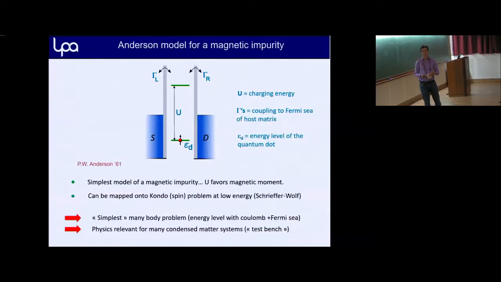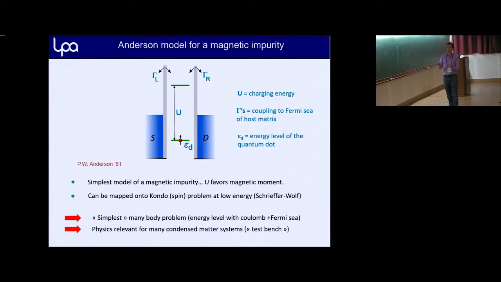The reason why any localized electronic level can essentially be mapped onto a Kondo problem to some extent is shown here. It can essentially be shown that if you have a strong Coulomb repulsion on a single electronic site, and this electronic site is coupled to electronic continua, this naturally leads to the appearance of a magnetic moment coming from the unpaired electron.